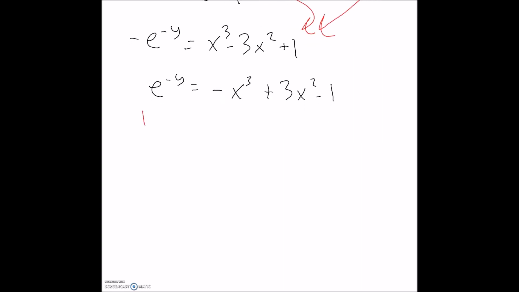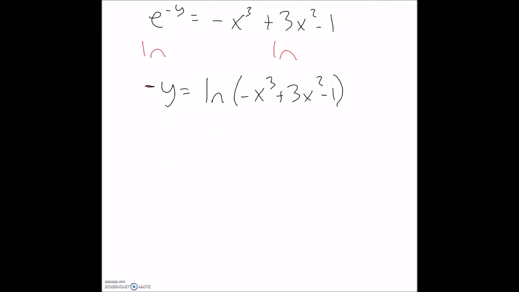Then we find the natural log of both sides, and you get negative y equals the natural log of negative x cubed plus 3x squared minus 1. And we distribute the negative again to get the final answer of y equals negative natural log of negative x cubed plus 3x squared minus 1.